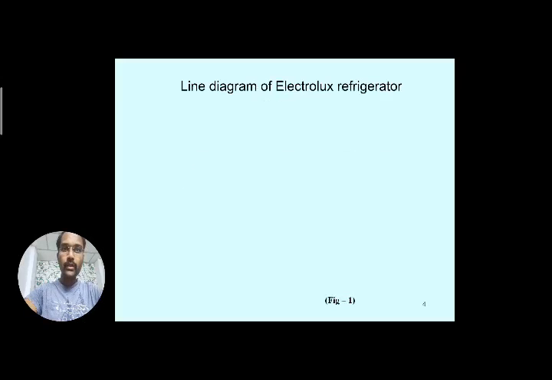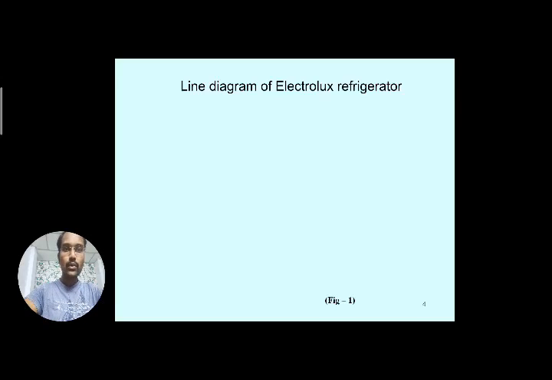Clearly, in the discussion of this topic, we can understand what modifications were made to the vapor absorption system, and why it is called a three fluid system, the Electrolux refrigerator.